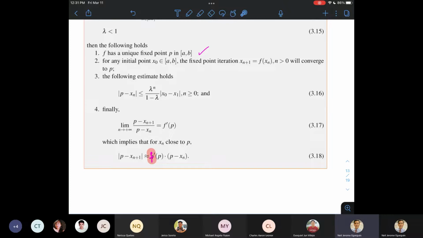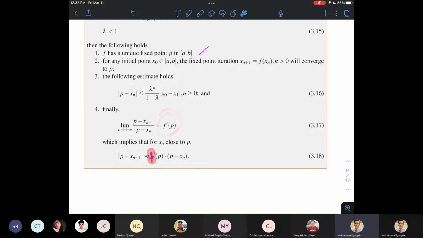All right? So can anybody tell me what equation 17 tells me about the rate of convergence of the fixed point iteration? So this is telling me that the limit of the ratio between the error on the n plus 1 iterate all over the error on the nth iterate is equal to f prime of p.